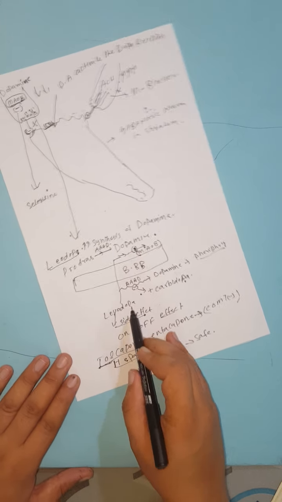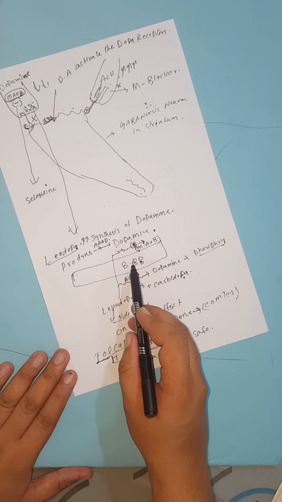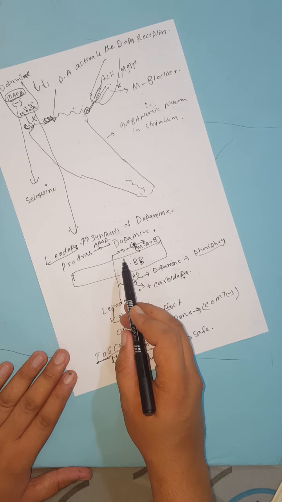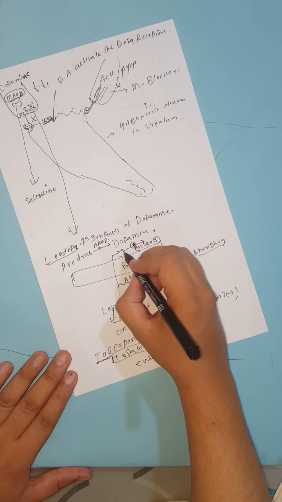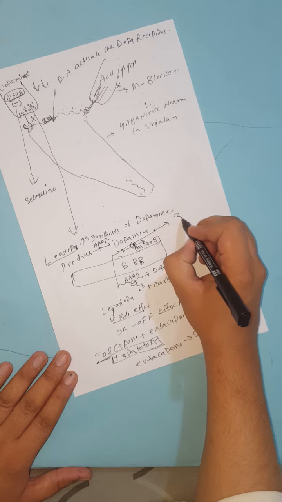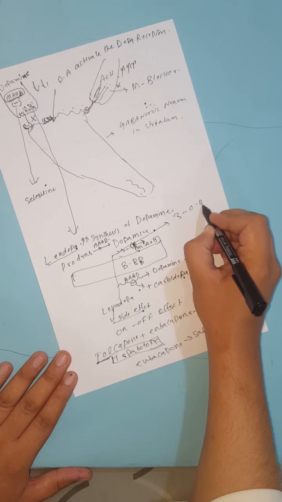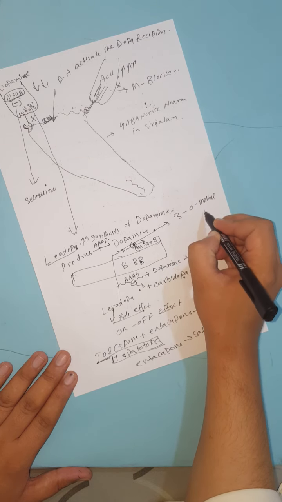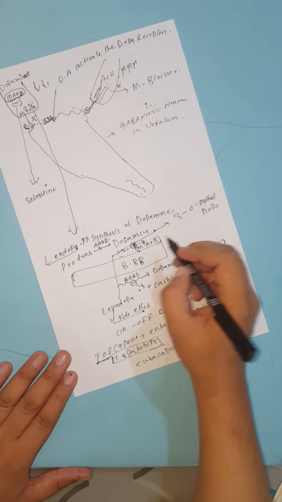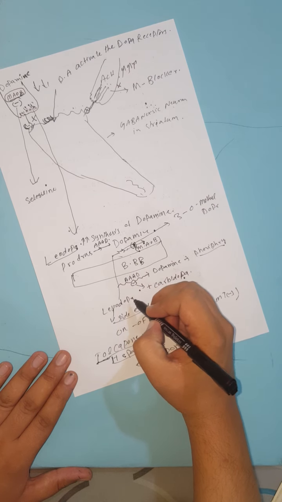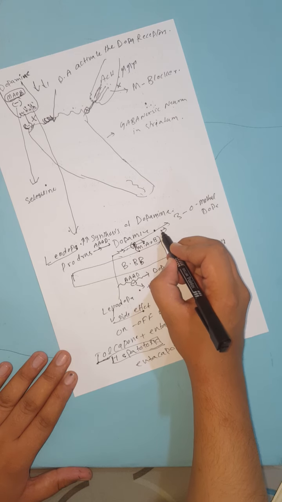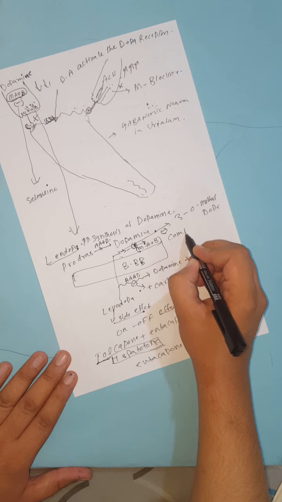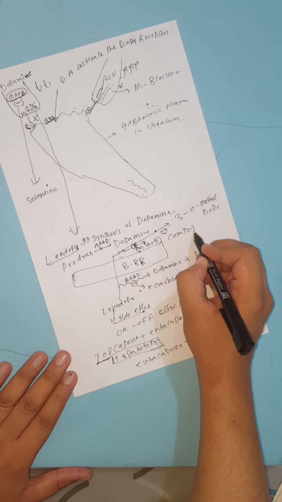Levodopa enters the blood-brain barrier and can be converted into 3-O-methyldopa. The conversion of levodopa into 3-O-methyldopa is inhibited by COMT enzyme inhibition.